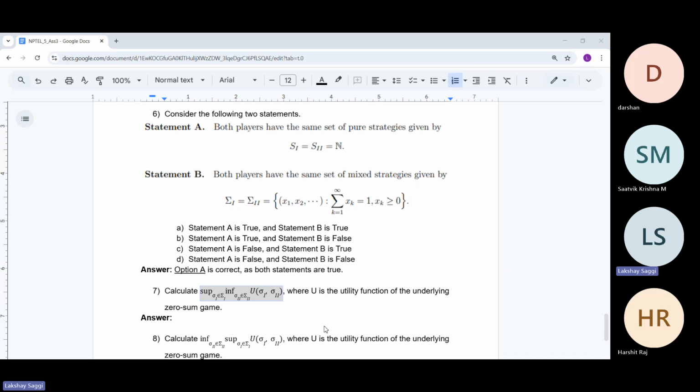Any guesses? Okay, so Satvik is guessing that the answer should be 0. Anyone else with any other answer?